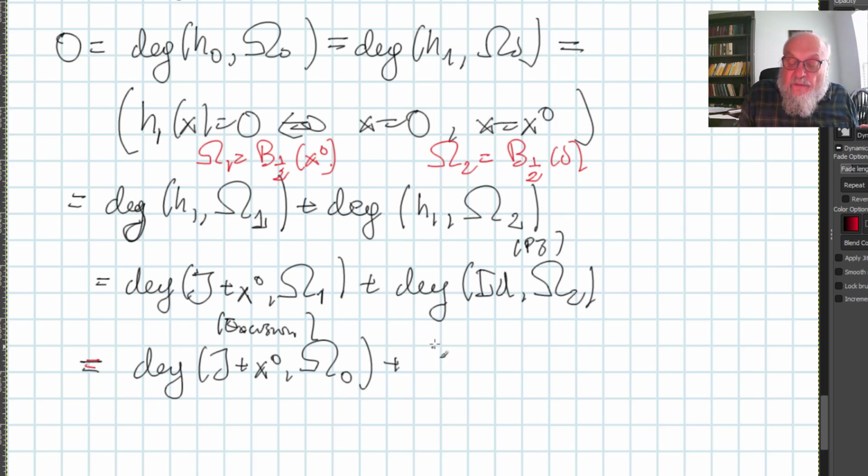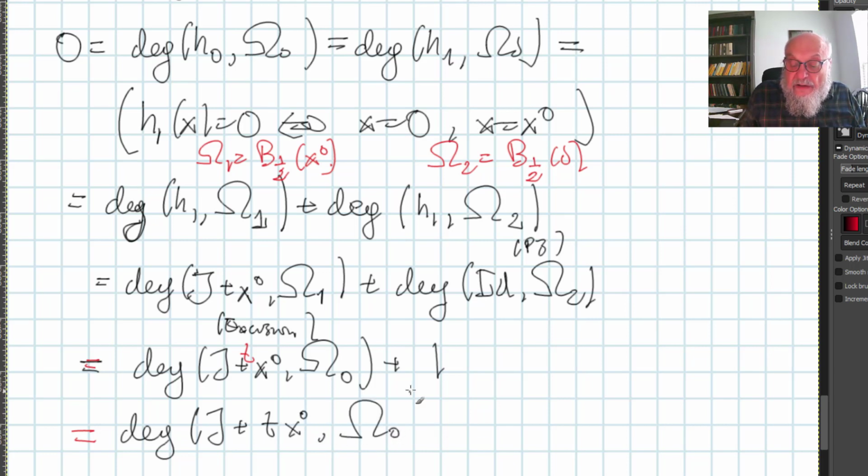So now I can introduce an additional homotopy, put here t, where t belongs to [0, 1]. Let's be more specific: I add the homotopy parameter, the degree of j plus t x naught on omega.